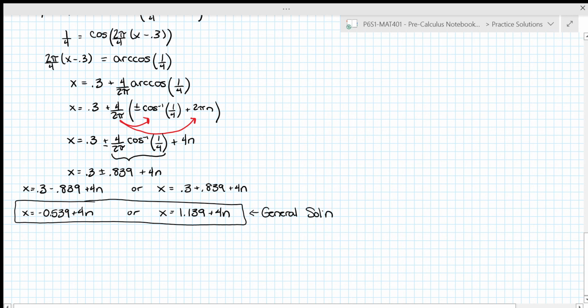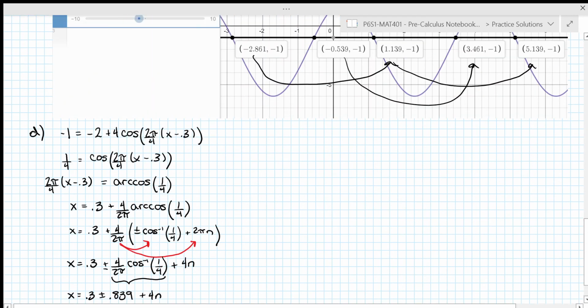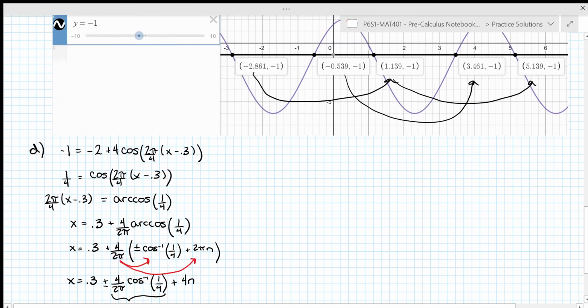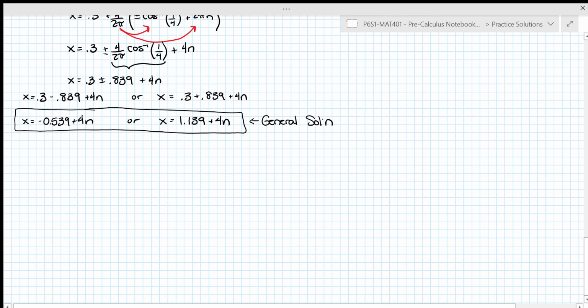If I want to find all of the ones that were graphed, I just have to plug in different n values. So here, if I take these two things and let n be 0, the first one I get negative 0.539, and this one I get 1.139.